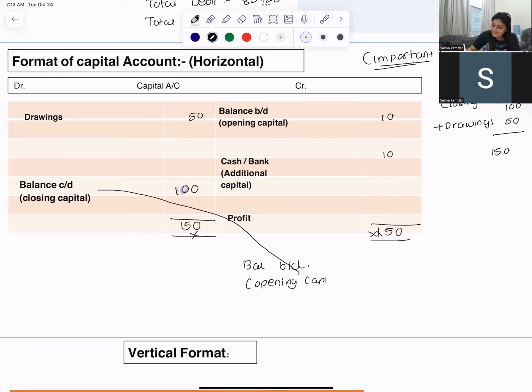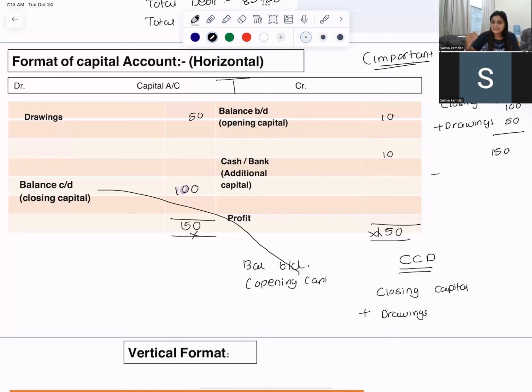So that is why I say if I have to prepare the horizontal format, the T, the same can also be put up in the vertical form. The vertical form starts with CCD. When I say CCD, it means the closing capital, and in the closing capital, you will add the drawings. So you have closing capital, add the drawings.